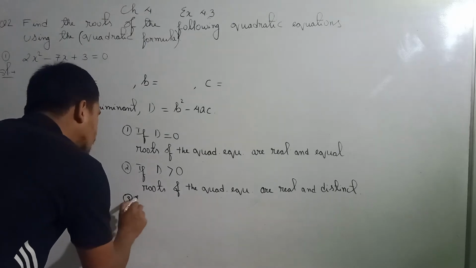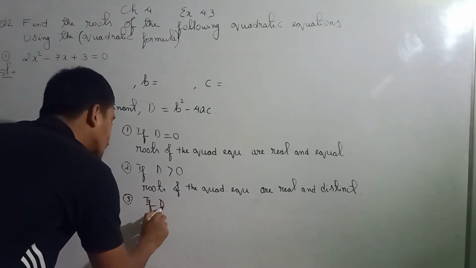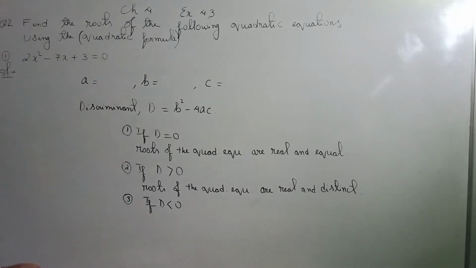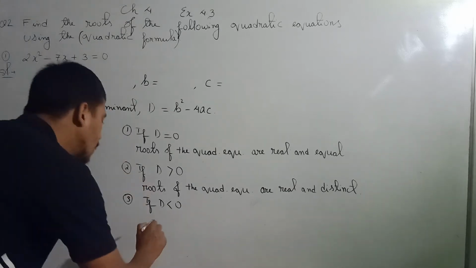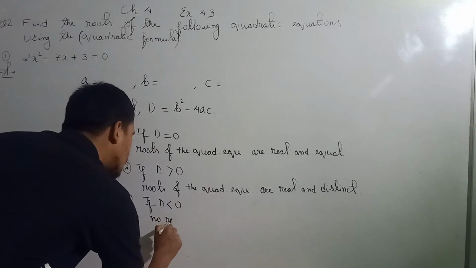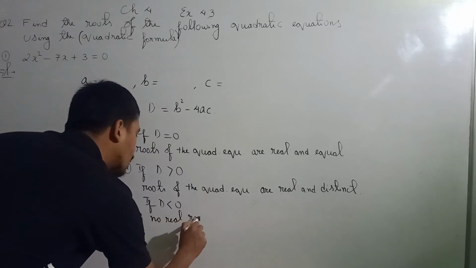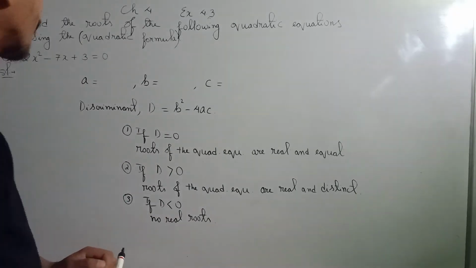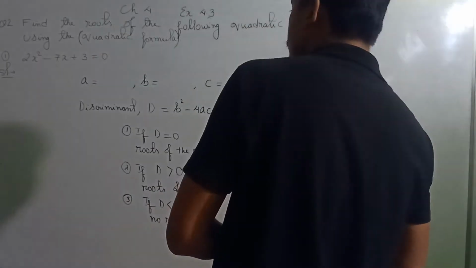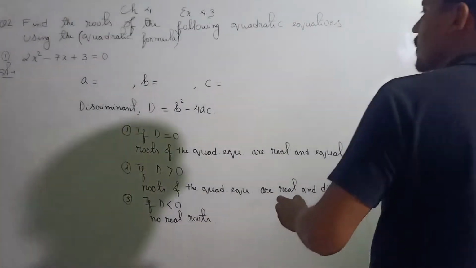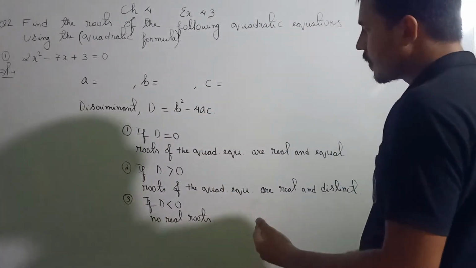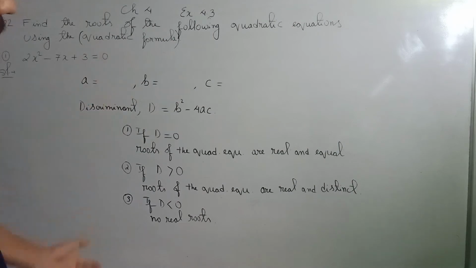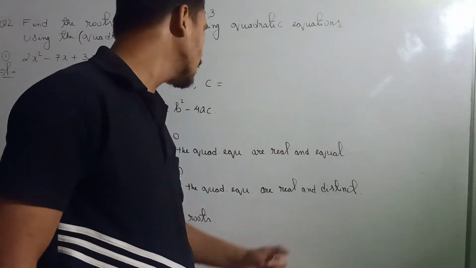The third case, if D is less than 0, means if you are getting the discriminant as a negative quantity, then in that case no real roots can be obtained. And in the first two cases, if D is equal to 0, then we can get the roots which are real and equal.